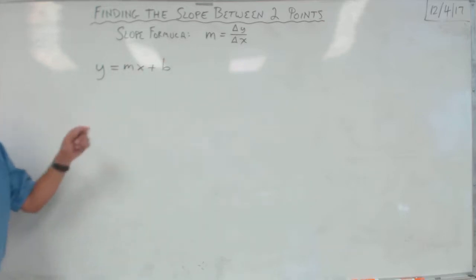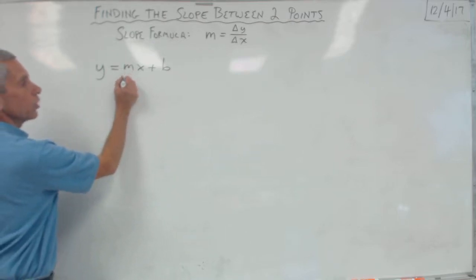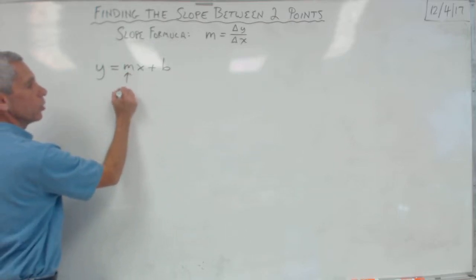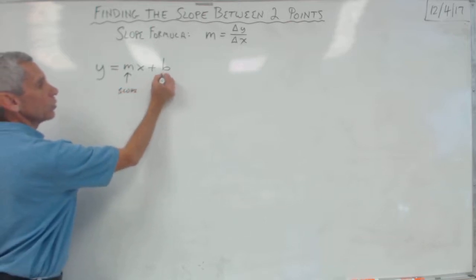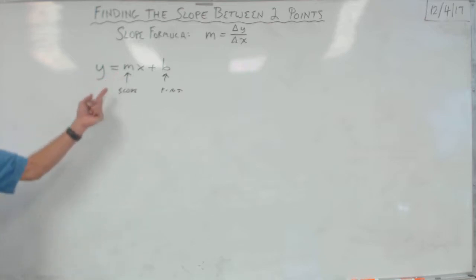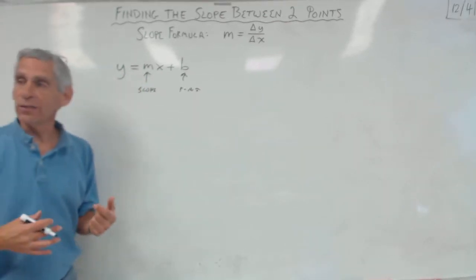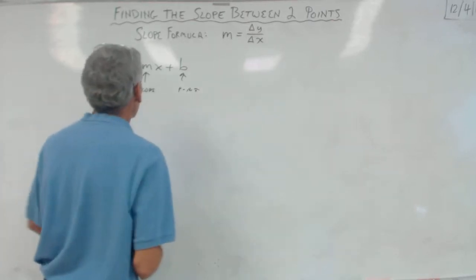Slope intercept. Why is it called slope intercept? Because there's a y-intercept, and then you find the slope. So this is your slope, and that's your y-intercept. So you know it's going to be slope-intercept. It's really good to know that kind of information, to know what it's called.